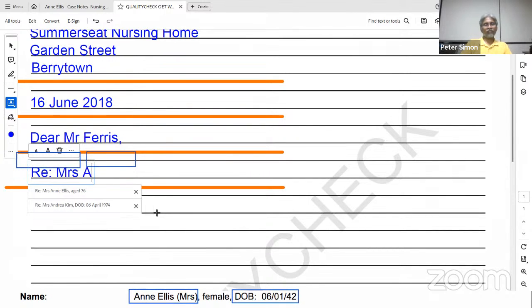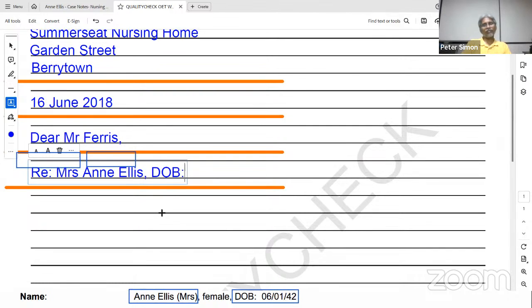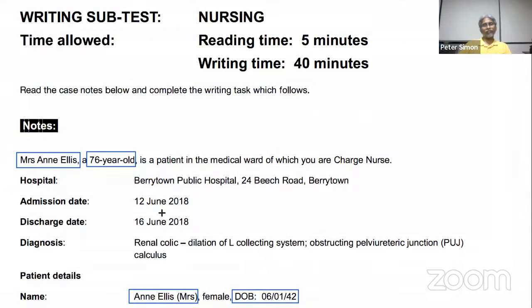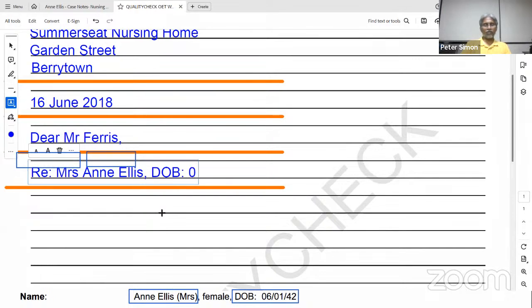Mrs. Annie Ellis, comma, date of birth, colon, 6/1/42. So don't write like this. Whatever is there, don't write like this.